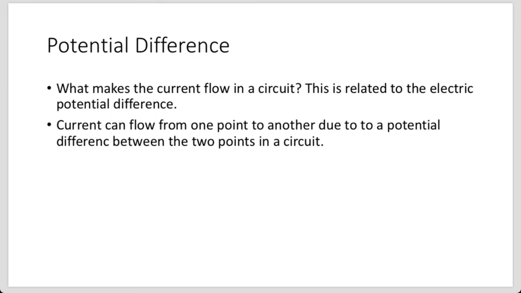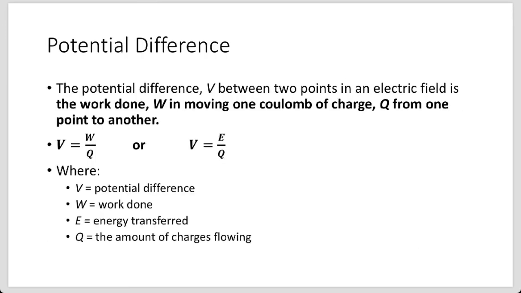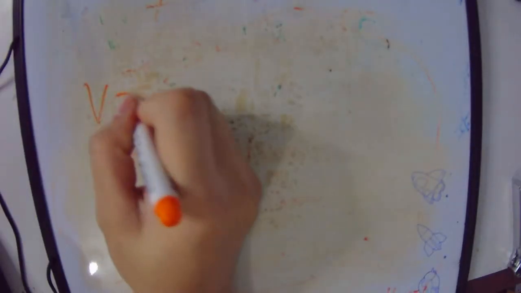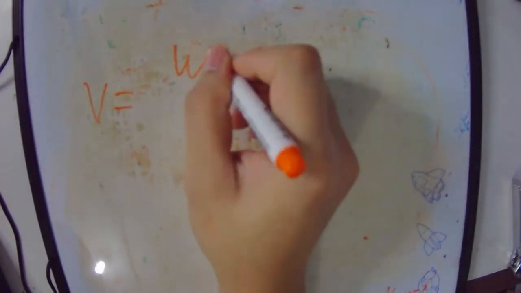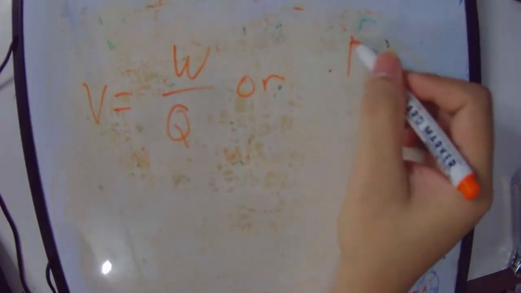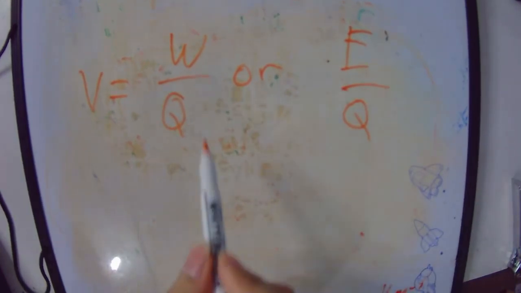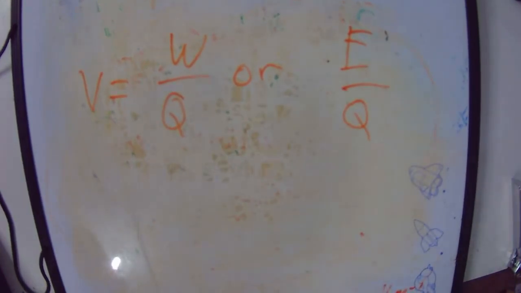So if V equals W over Q or E over Q, then we can think, how do these different factors affect the voltage?